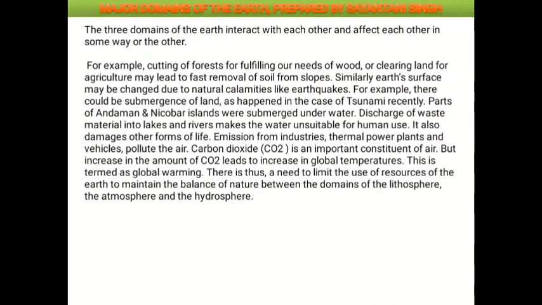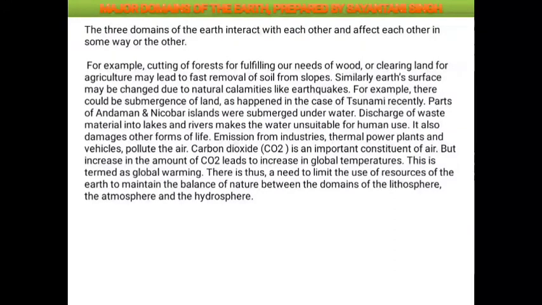Due to these activities, the earth surface may change and natural calamities happen. Due to the damage to all forms of life, the three layers are in unstable conditions. That's why the biosphere is also in unstable conditions.